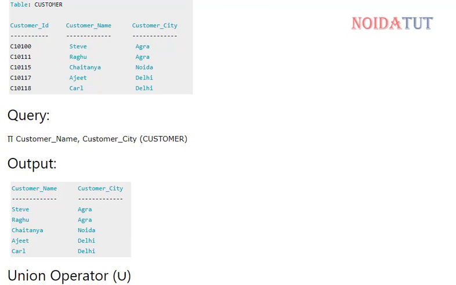It is going to select the columns customer name and customer city from the table customer. This is what it has done from the above table. You can see that it has selected the columns customer name and customer city from the table customer.